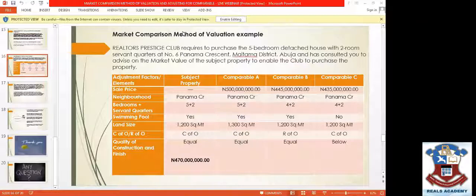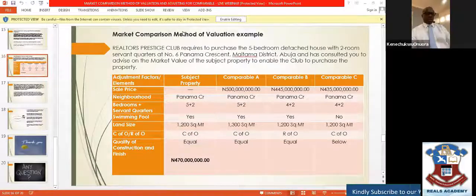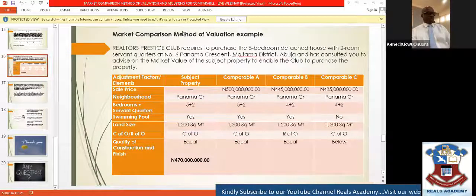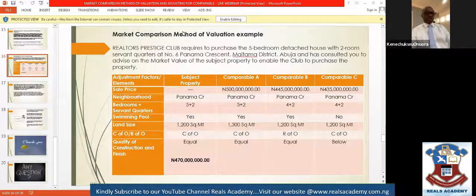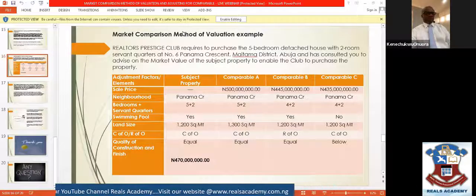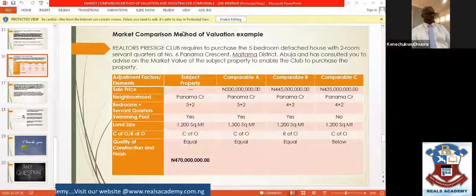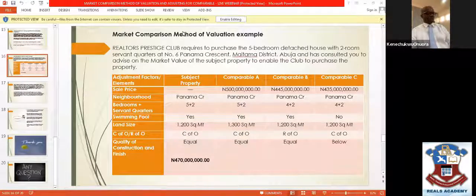Then for comparable C, sorry, comparable C does not have a swimming pool, and it is below the quality of construction and finish of the other comparables. So this is just an example of how you'll be able to do your computation.